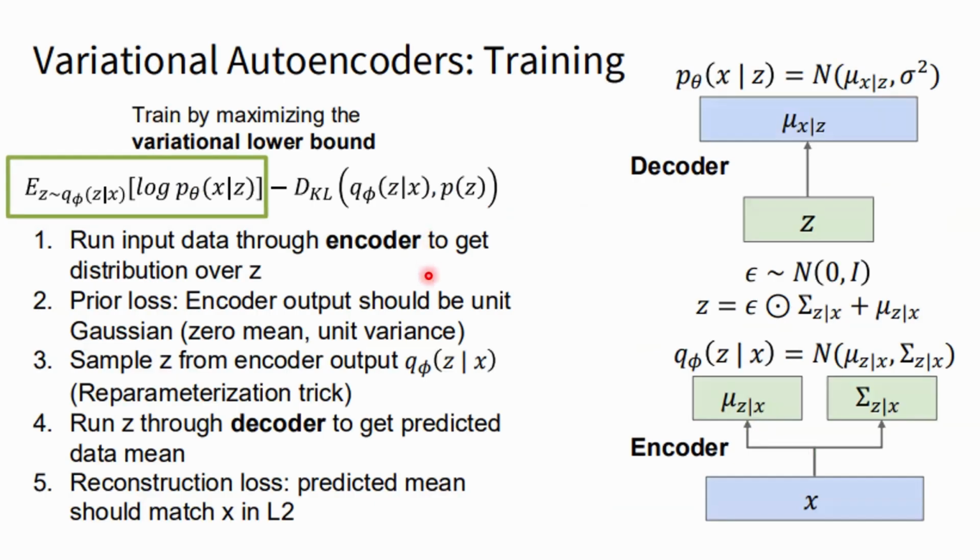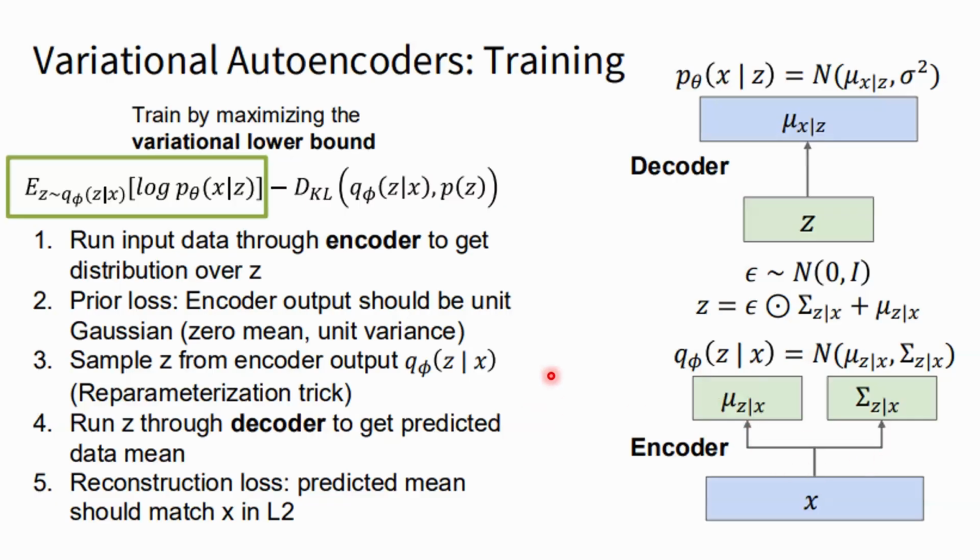To go a little bit into the training process, we run input data through the encoder to get a distribution of the data over Z, and then we have two losses. The first one is the prior loss, sometimes also referred to as KL divergence loss, where the encoder output should be close to a unit Gaussian distribution with zero mean and unit variance, like this part over here.